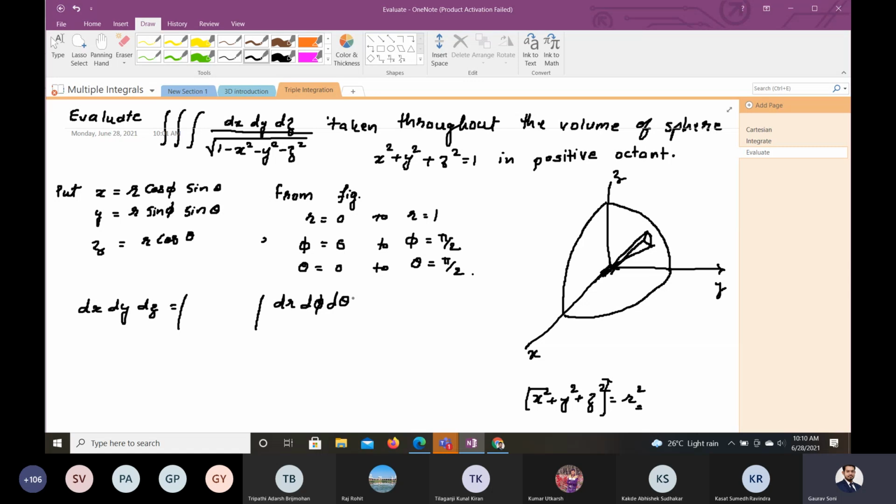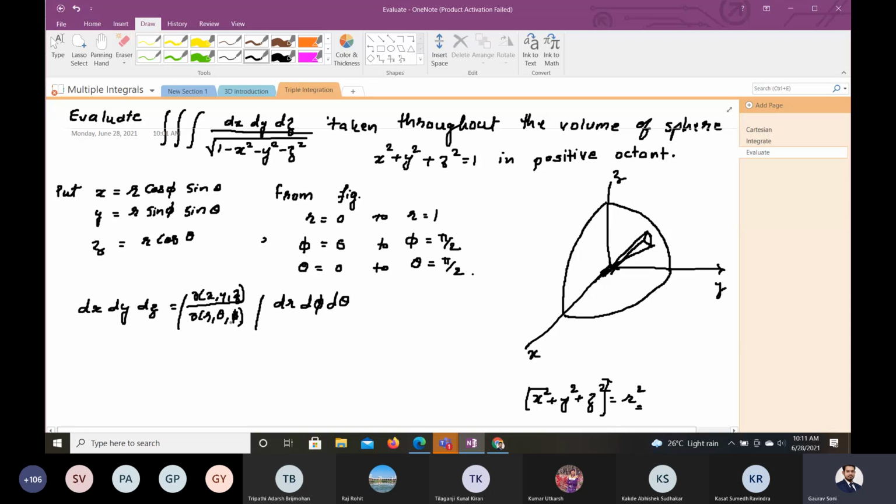Think of polar, you'll be able to relate it with spherical coordinate system. The formula was that whatever new substitutions you do, dx, dy, dz will be replaced by the Jacobian of x, y, z with respect to r, theta, and phi.